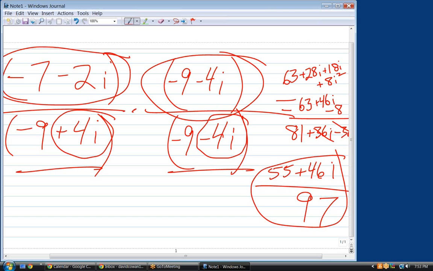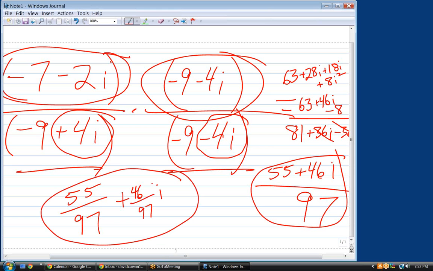Well, it's close to a plus bi format. The only thing I need to do to put it into a plus bi format is to break this up into two fractions. In other words, it's 55 over 97 plus 46 over 97i. In other words, that would be a plus bi format. Okay? Where you have two separate numbers. This is the real part, this is the imaginary part, and that's the coefficient, the real coefficient of the imaginary part.